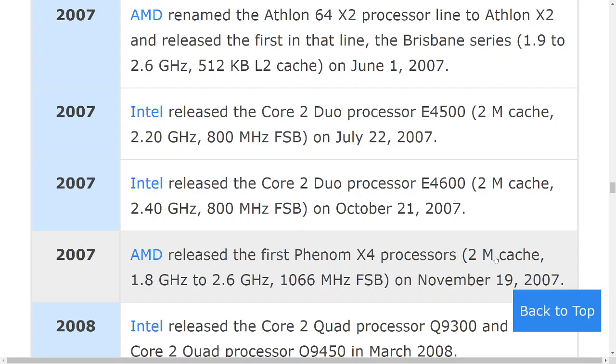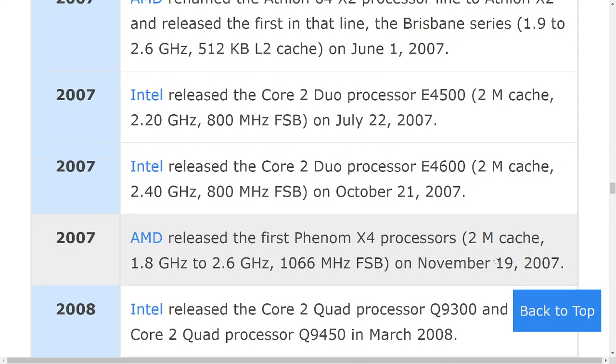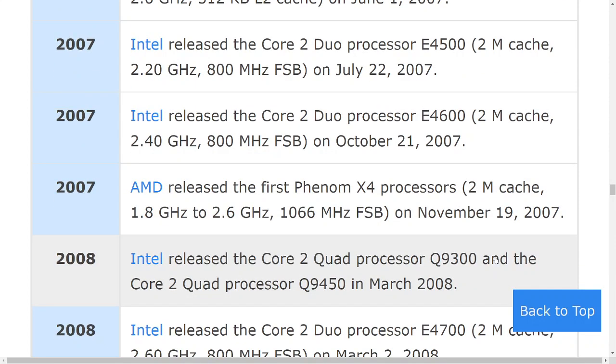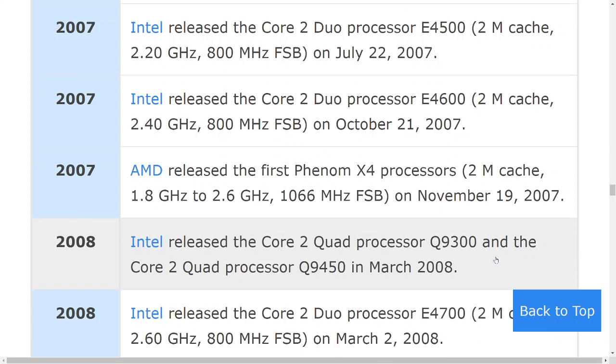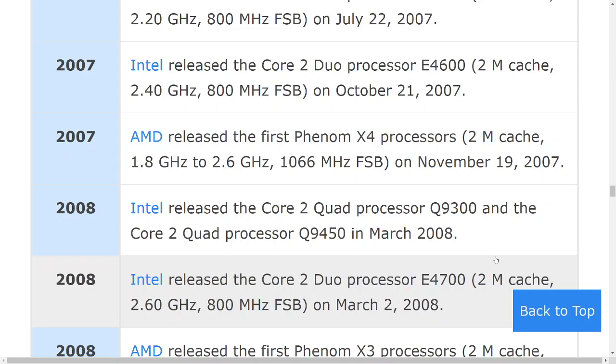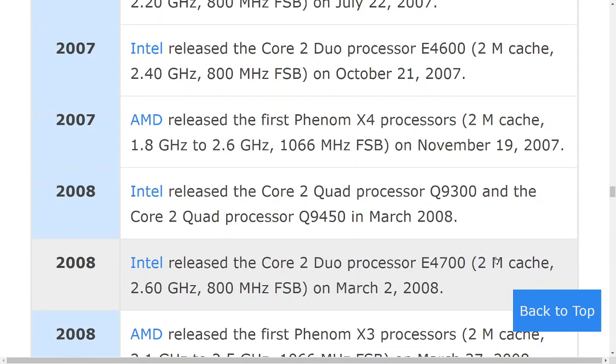Phenom X4 processor was released by AMD in 2007. 2008, Intel released Core 2 Quad processor Q9300 and Core 2 Quad processor Q9450. 2008, Intel released E4700.